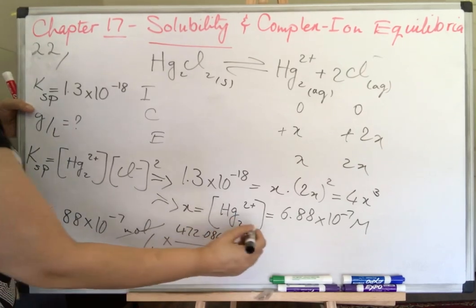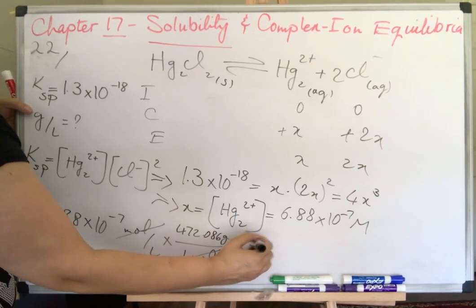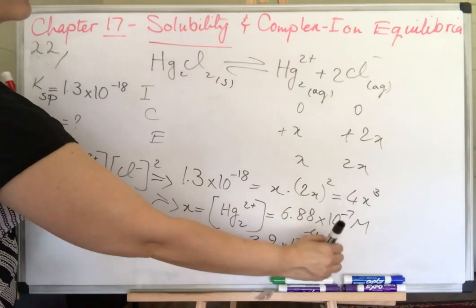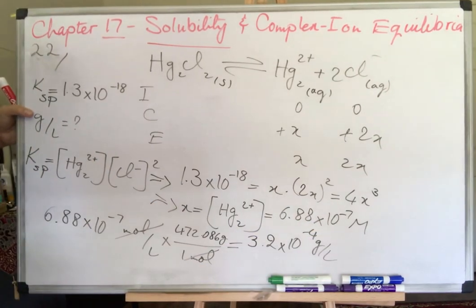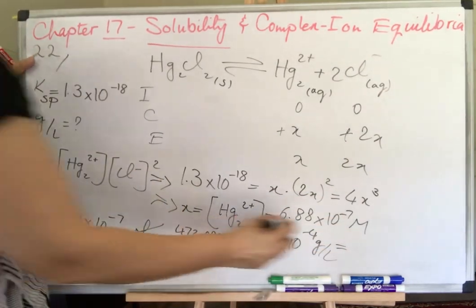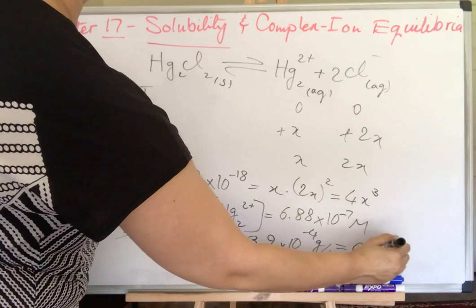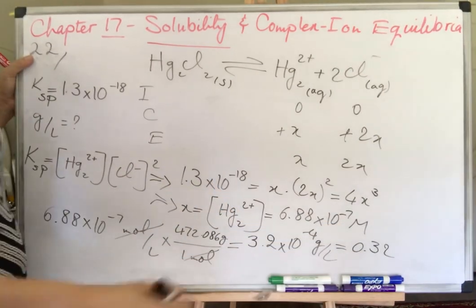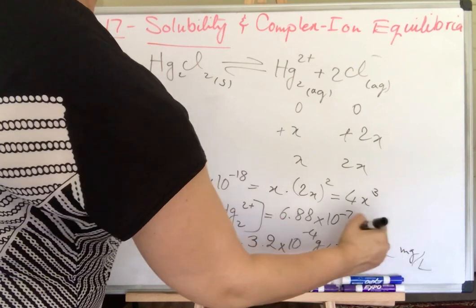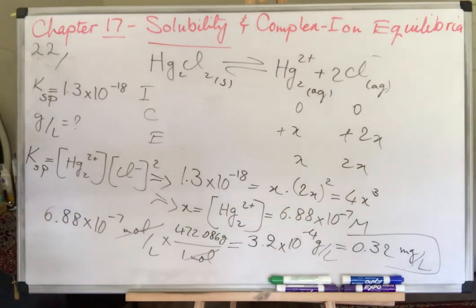It would be 3.2 times 10 to negative 4 grams per liter. Or if it's asking milligrams, which is optional, I didn't see it in this question, you just multiply it by 1,000. So it would be 0.32 milligrams per liter. It's a very low solubility, and you could imagine from the KSP value.